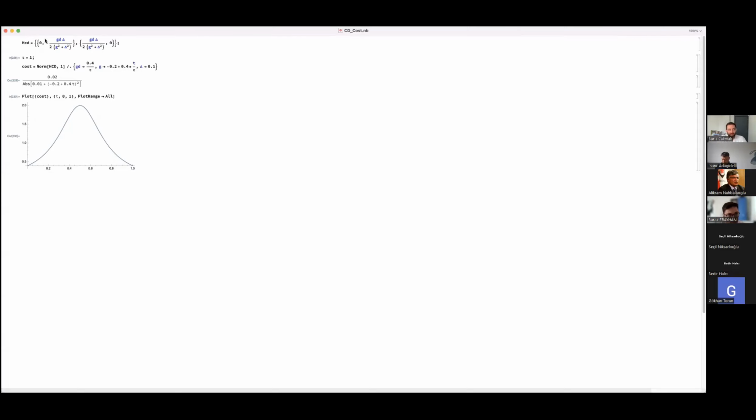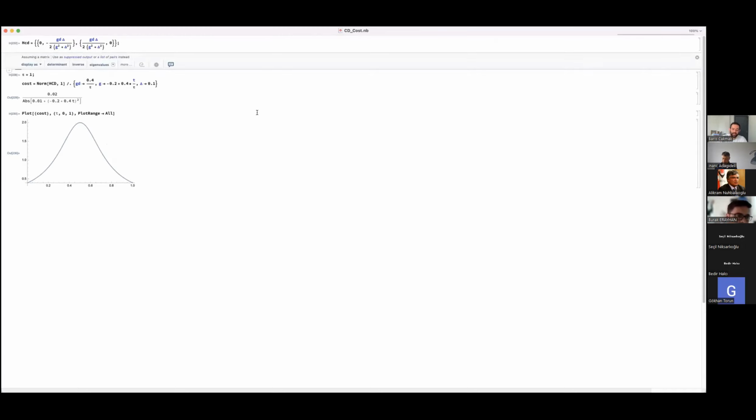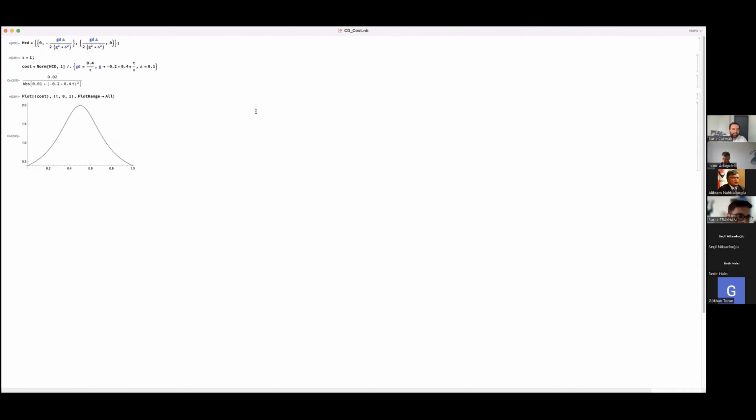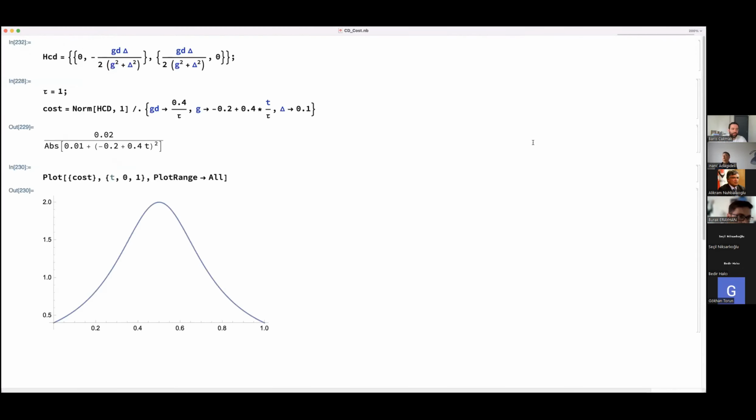This is the counter-diabatic Hamiltonian that we have, as I told you. Let's say our driving time tau is 1. Maybe I can enlarge this a bit. So the whole process of changing G from an initial value to a final value takes tau equals 1 in arbitrary units. We calculate the norm of this counter-diabatic Hamiltonian.